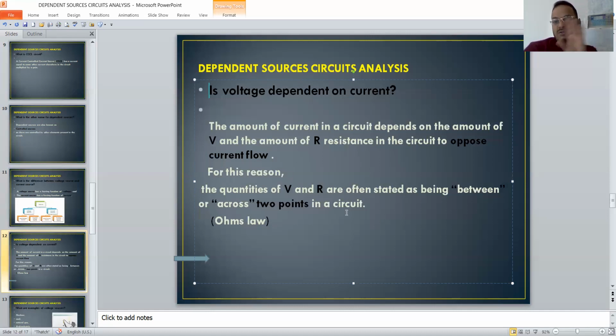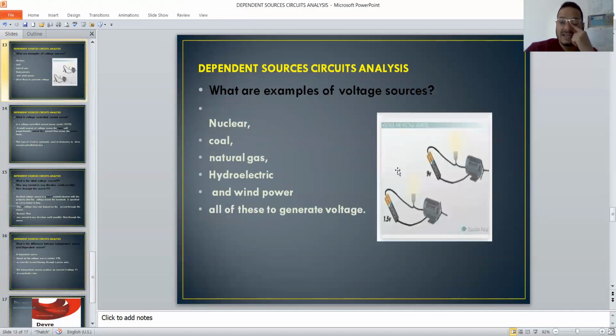We depend totally on Ohm's law: voltage equals current times resistance. Some examples of voltage sources are nuclear, coal, natural gas, hydroelectric, and wind power, all of which generate voltage.